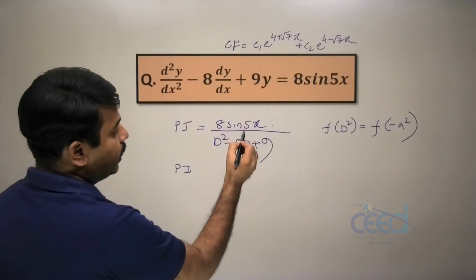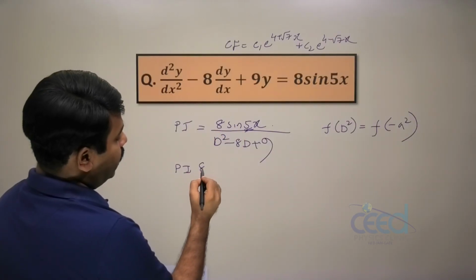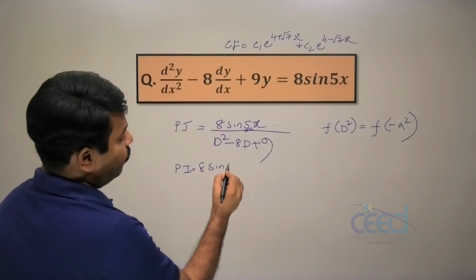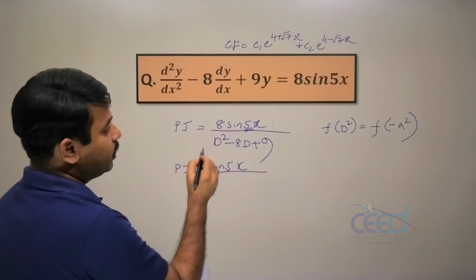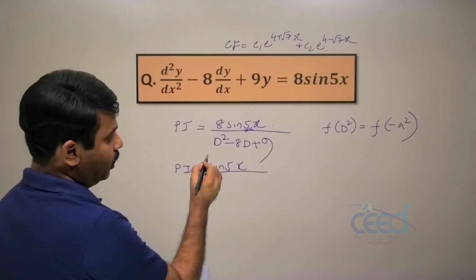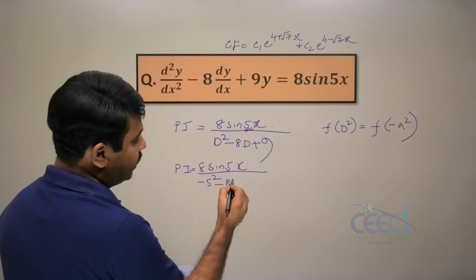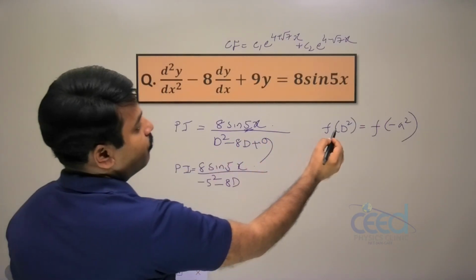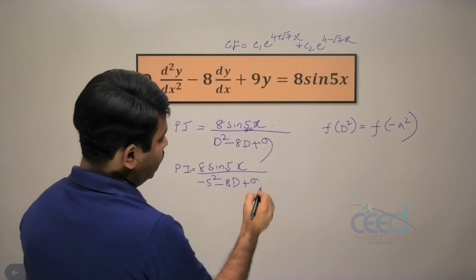What is a? a is 5. Now you put minus 5 square here in place of d square: 8 sin 5x divided by minus 5 square minus 8d plus 9.